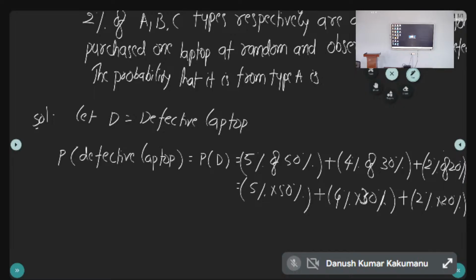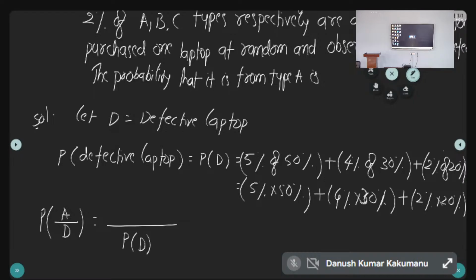Now what is my question? Yes, I have purchased one laptop randomly and observed that the laptop is already defective. The probability that it is from type A. What is the denominator? The denominator is the complete thing, that is P of D. The denominator is all possible defectives. What is the numerator?